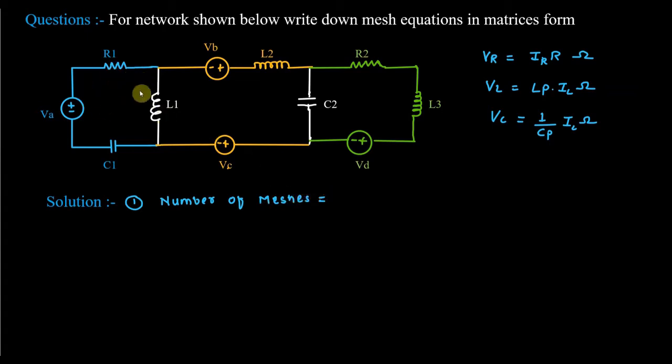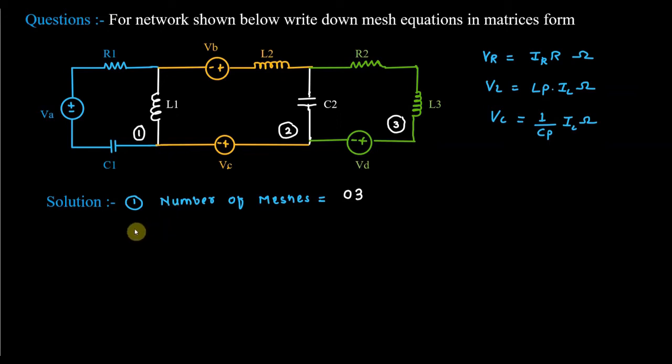You can see that this is the first mesh here, so I will give this as the first mesh. You can see that this is one closed path, this will be the second closed path, and this will be the third closed path. So in this numerical we have three meshes, or three closed paths.